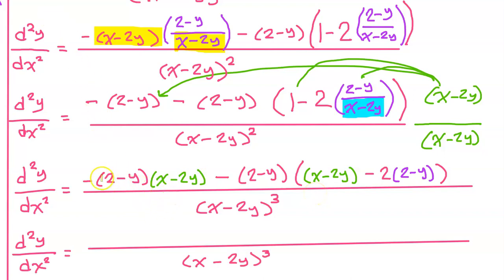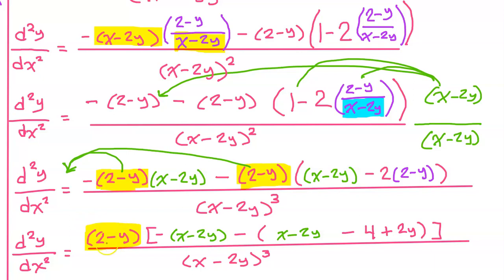I'm noticing that we have a common factor of 2 minus y here and here. So I'm going to take this 2 minus y as a GCF and factor it outside of parentheses and put it out in the front.